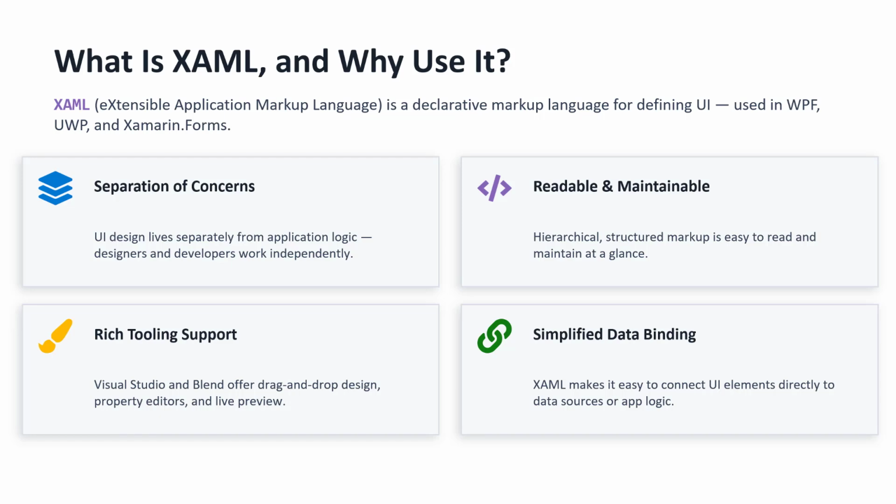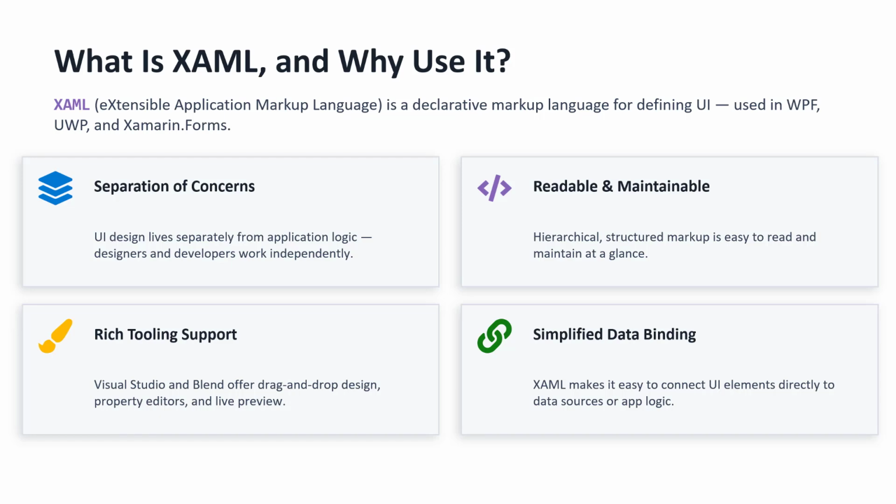We also get rich tooling support. Visual Studio and the tool Blend for Visual Studio give you things like drag and drop design, property editors, and live preview of your XAML as you build it. This is a pretty substantial productivity boost compared to writing all of your UI purely in code, and then you have to run it to see what it actually looks like.